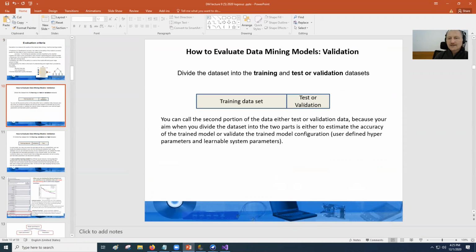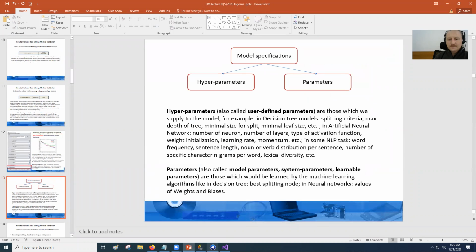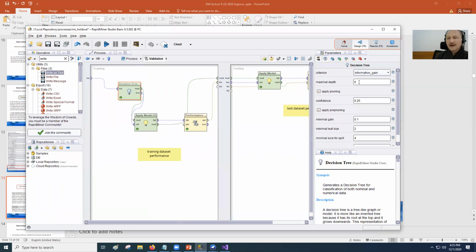Now I have used this test data for validation of the hyperparameter of the decision tree depth. Yes, this is user configurable. How will I find the optimum best configuration value of this one? Make several try and fail tests, by using a validation test. Now I am using the test data set as a validation.